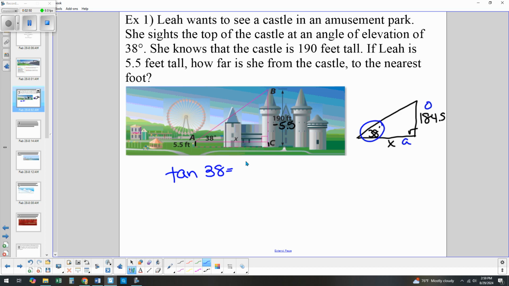Tangent 38 equals 184.5 over x. When the variable's on the bottom, we're going to divide. So x is really going to be 184.5 divided by the tangent of 38. So on my calculator, 184.5 divided by tangent 38, I get 236.15, but they say to the nearest foot, so 236 feet.